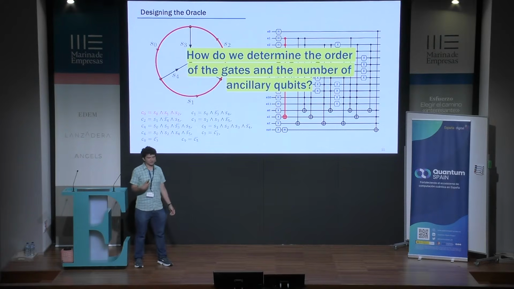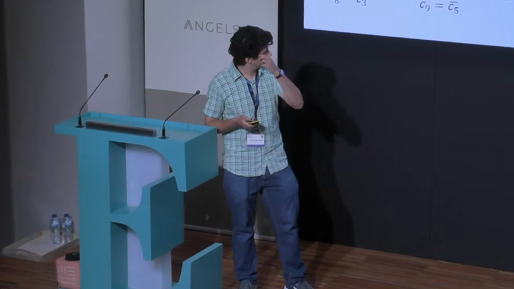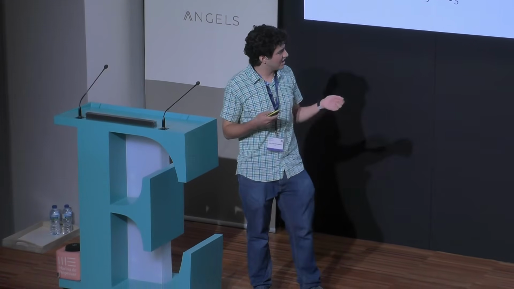But how would we determine the order of the gates and the number of ancillary qubits that we need to do this? Because if we try to do the different configurations in just a few ancillary qubits, then we will have no proper solutions.